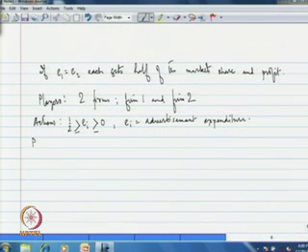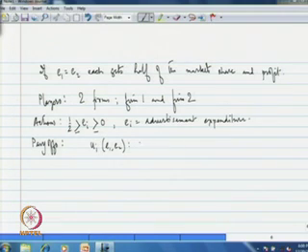And payoff. So, ui is the payoff of firm i. It is a function of two variables E1, E2. i can be 1 or 2.